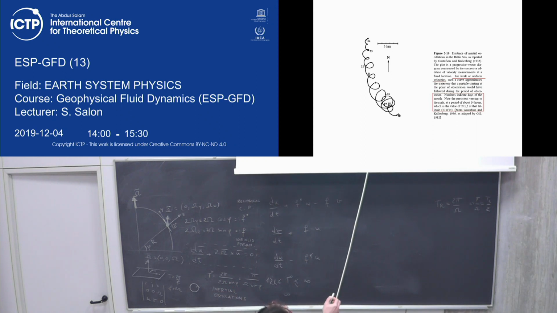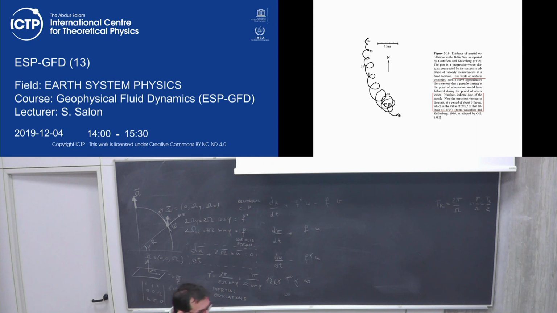This plot is a progressive vector diagram constructed by successive addition of velocity measurements at a fixed location. So I'm fixed and I measure the velocity of the current. Let's say there is no current, but there is something which is moving. Okay, so you may think that the Baltic Sea is very stable, usually very calm, except when they have storms.